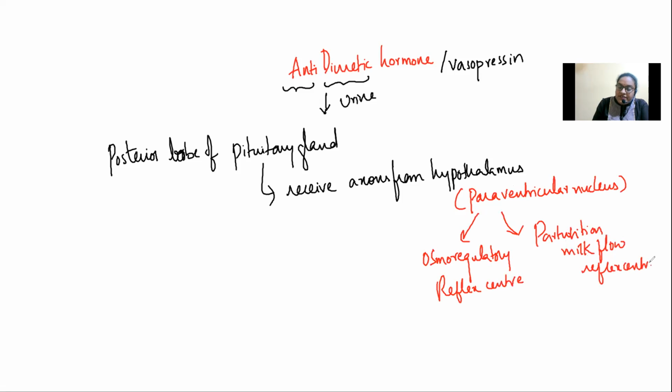So we see that these neurons from the paraventricular nucleus of the hypothalamus extend their axons to the posterior lobe of the pituitary gland.